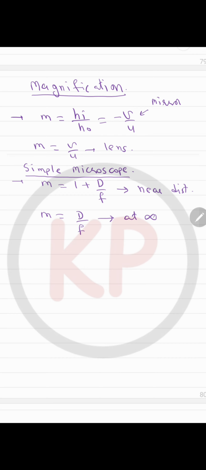If image is formed at infinity, we use M is equal to D by F. If it is near distance, we use 1 plus D by F. If it is a compound microscope, then magnification becomes magnification of objective lens into magnification of eyepiece.